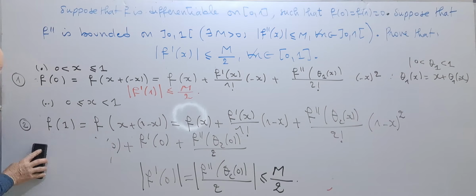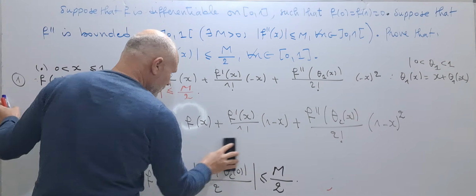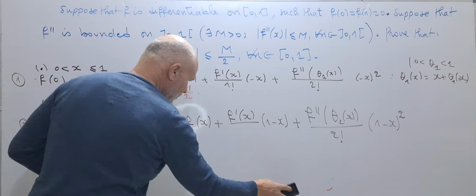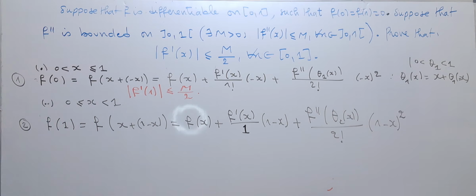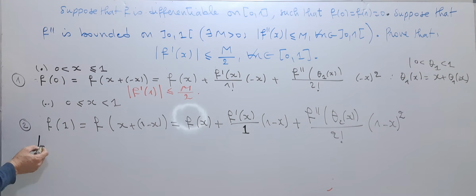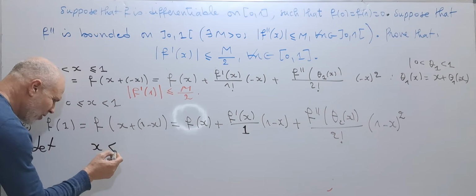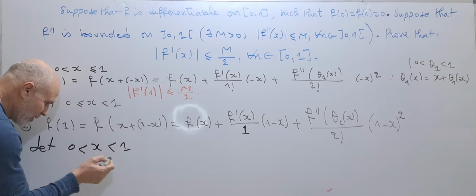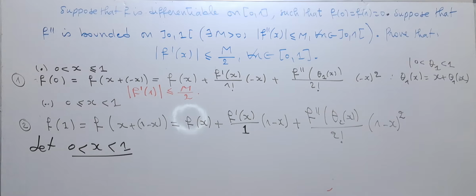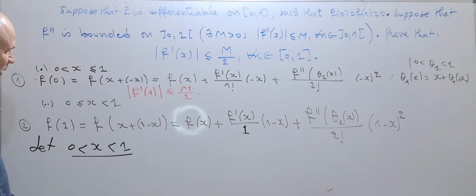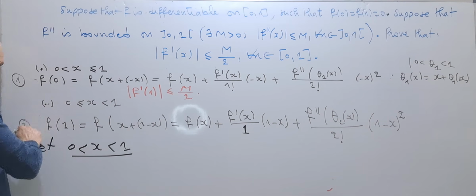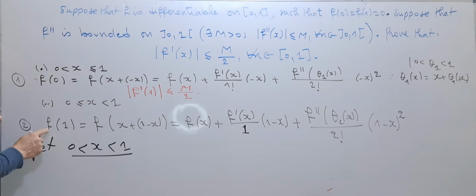Now, let x be strictly less than 1 and strictly greater than 0. And we take the difference between the two equations. If we take the difference between equation 1 and equation 2, here we have f of 0, which is equal to 0, minus f of 1, which is equal also to 0.